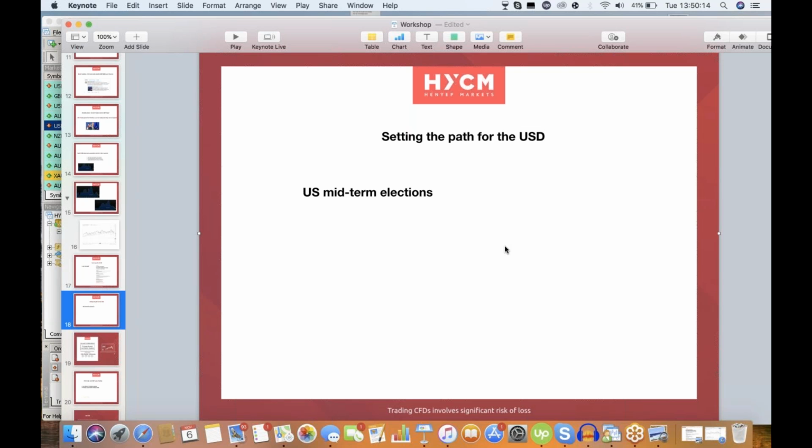The polls are taking place, and a quick catch up on this: in the US, the collective government is called Congress, and Congress consists of two houses. It consists of the House of Representatives and the Senate. And all 435 seats of the House of Representatives are up for election.